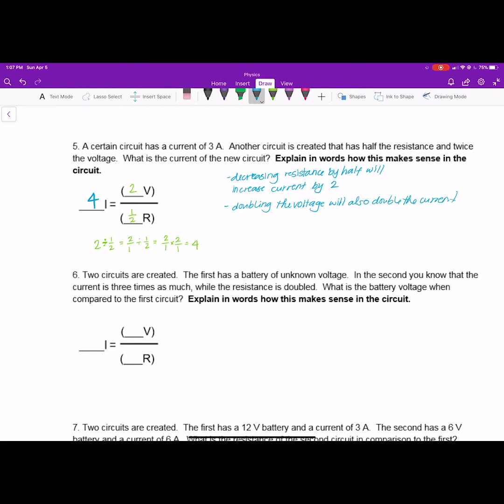So essentially what we did here is we doubled the current from the resistance by decreasing it by half, and we doubled the current by doubling the voltage, which is how we got 4.